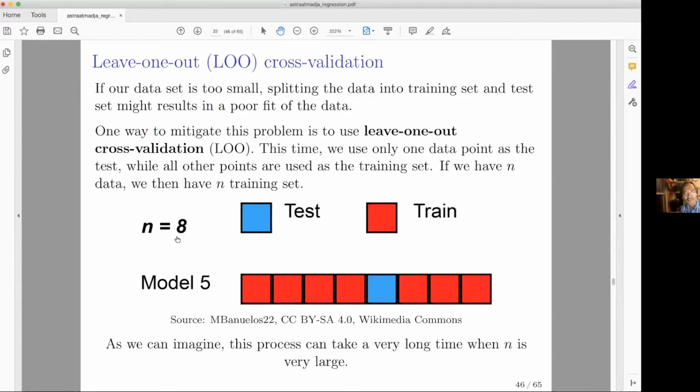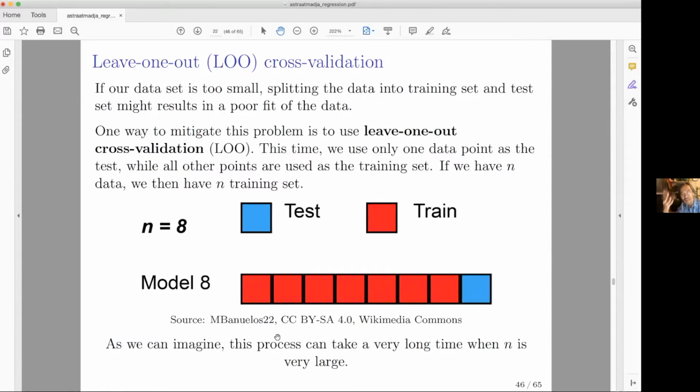If we have 8 data points like in the illustration here, that goes very quickly. But if we have 1,000 data points, that's going to be quite lengthy. It can take a long time. With 1,000 data points, for one model we have to do 1,000 parameter inferences, and then go on to the next model.